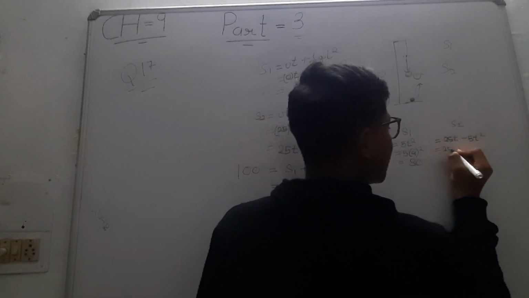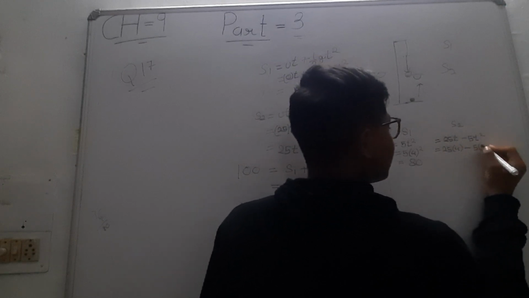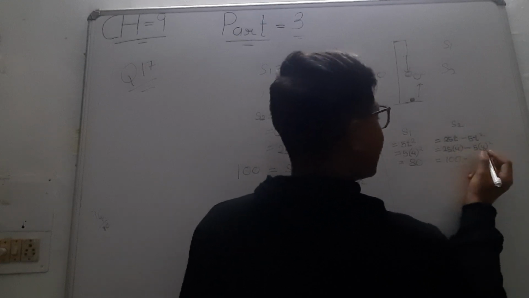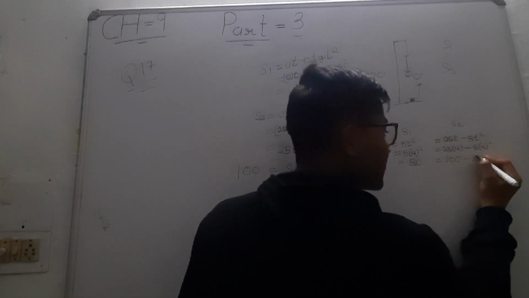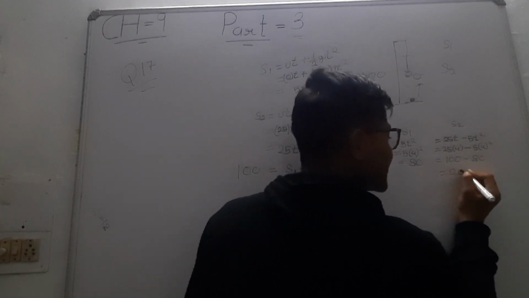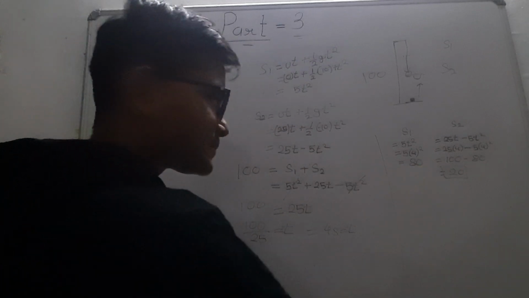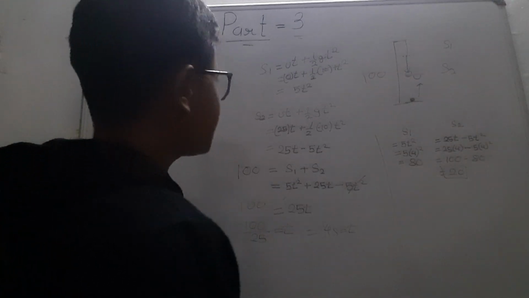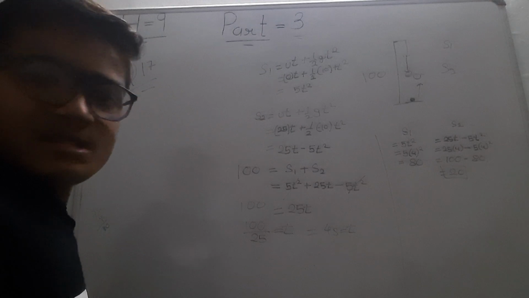That means 25 into 4 minus 5 into 16. This is 100 minus 80. So what is the answer? 20, students. It is logical reasoning. So when you add both of them, you will get 100. This is the whole solution of question number 17.